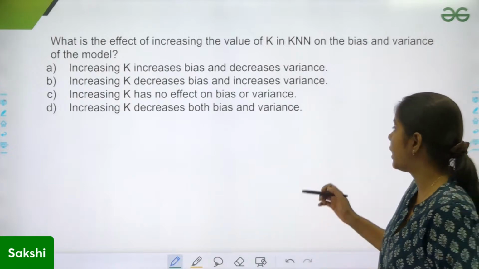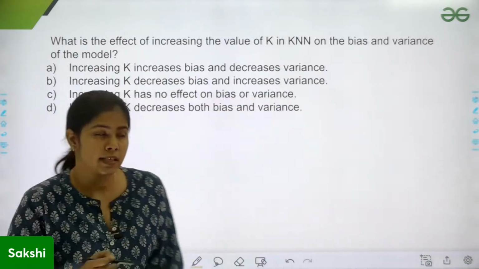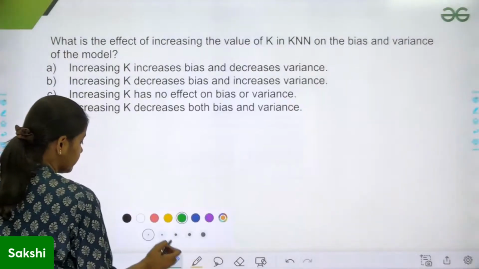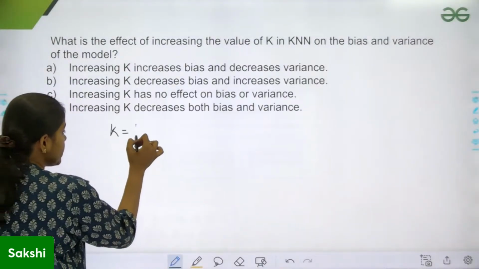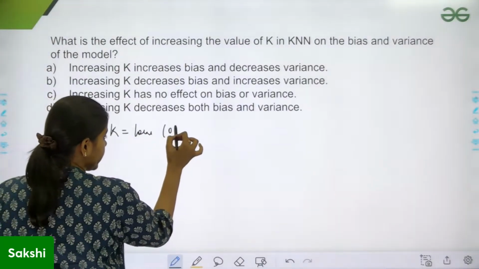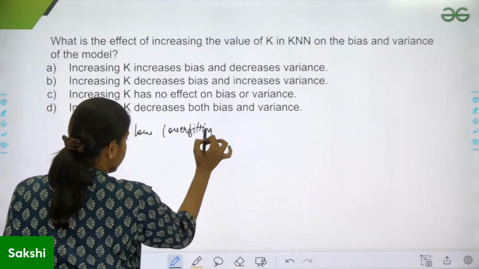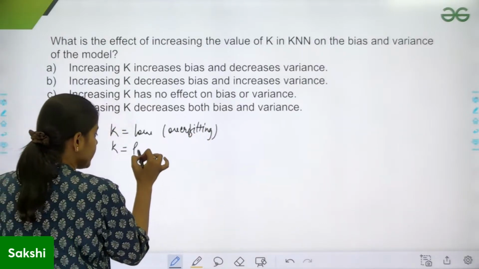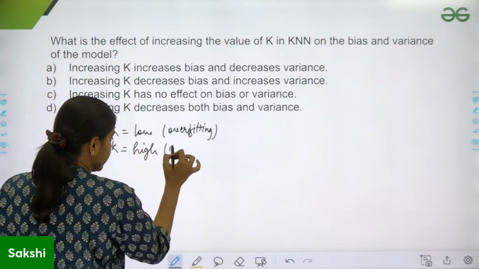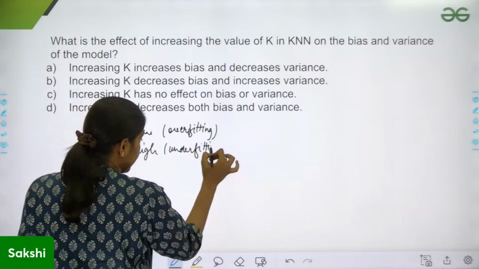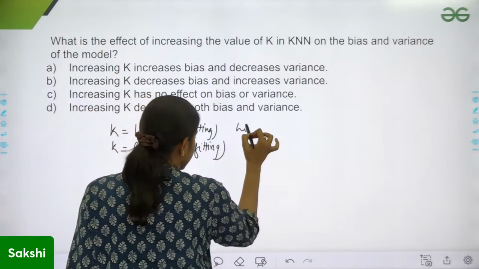So you can see that k equals low means overfitting, and k equals high means underfitting. Underfitting means high bias, and overfitting means high variance.